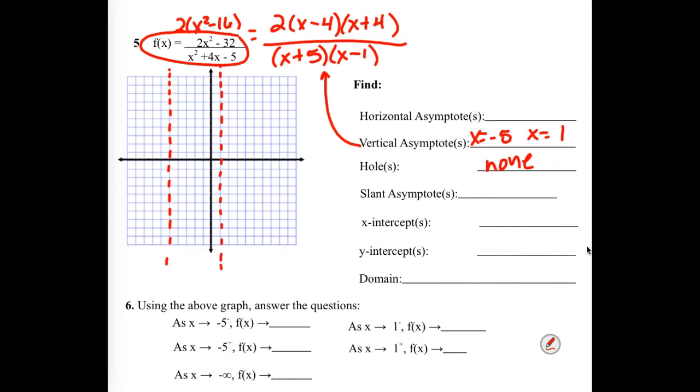What do we know about the degrees? They're the same. What happens when the degrees are the same? Yes, leading coefficients. So in this case, the leading coefficients would be 2 over 1. 2 divided by 1 is just 2. So we have the equation y equals 2. If we have a horizontal asymptote, can we have a slant? All right, so we can fill that in.